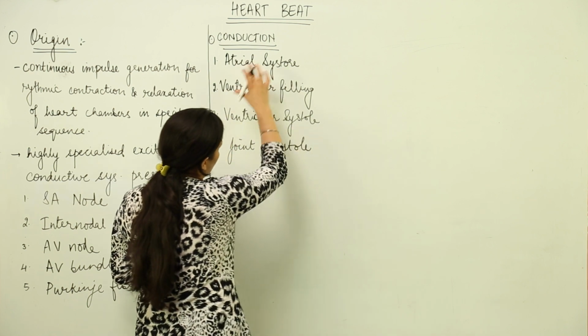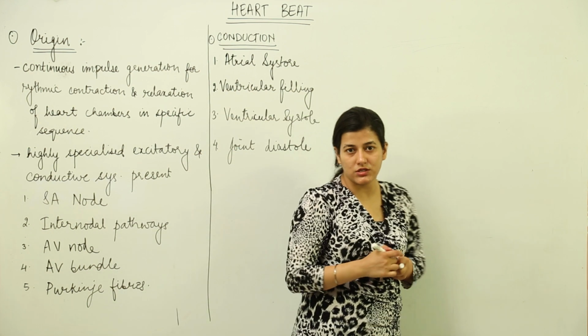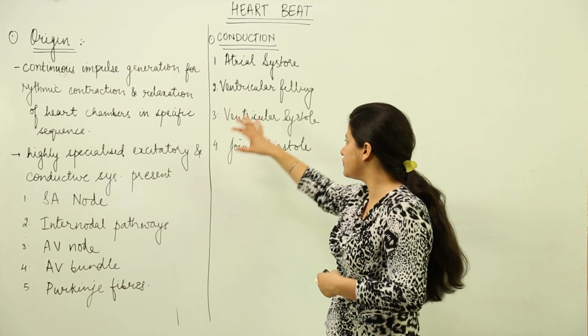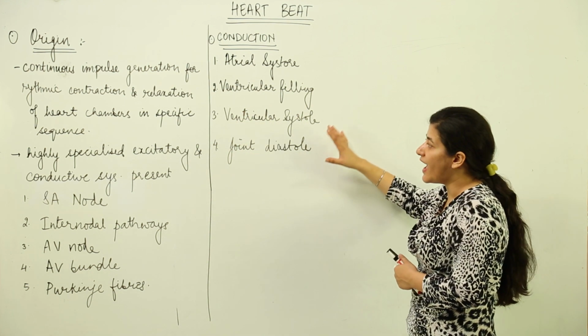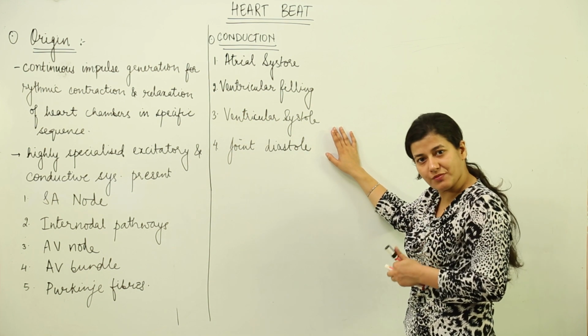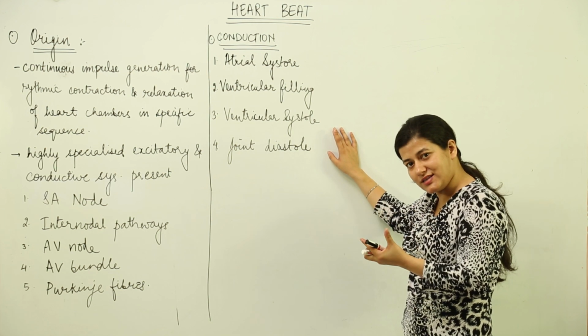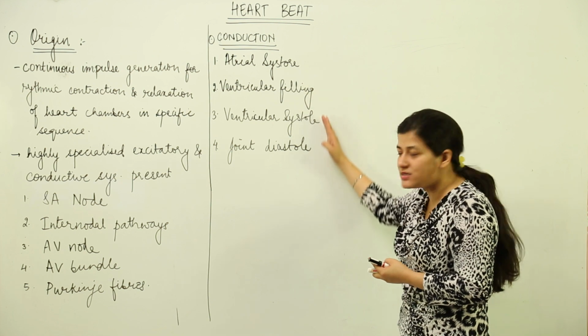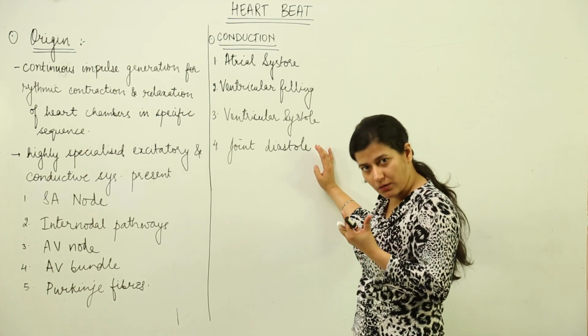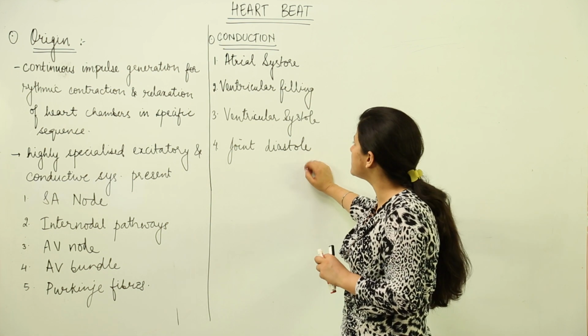Now these are the four sequential steps in which the conduction of heartbeat has to take place, and the impulse is generated and passed through the heart chambers in such a way that this sequence is maintained and pumping of the blood through the heart takes place continuously.